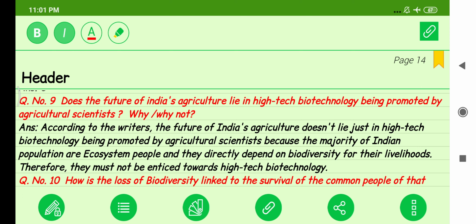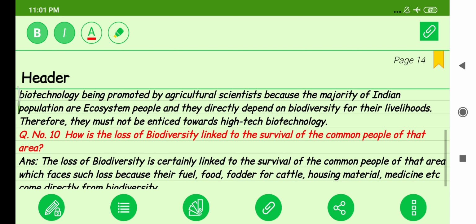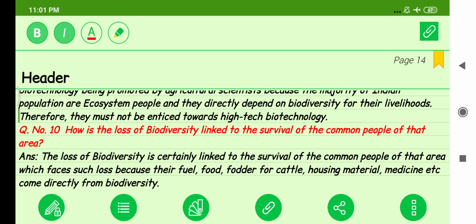And if biodiversity is interfered with, if it is destroyed by using faulty methods of science, then it will affect people directly. Question 10 is, how is the loss of biodiversity linked to the survival of the common people of that area? So again, simple, because survival of common people is dependent on biodiversity.